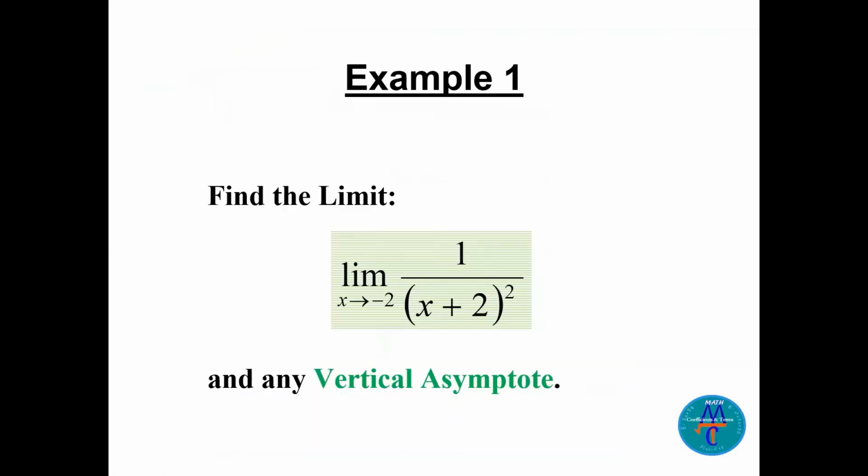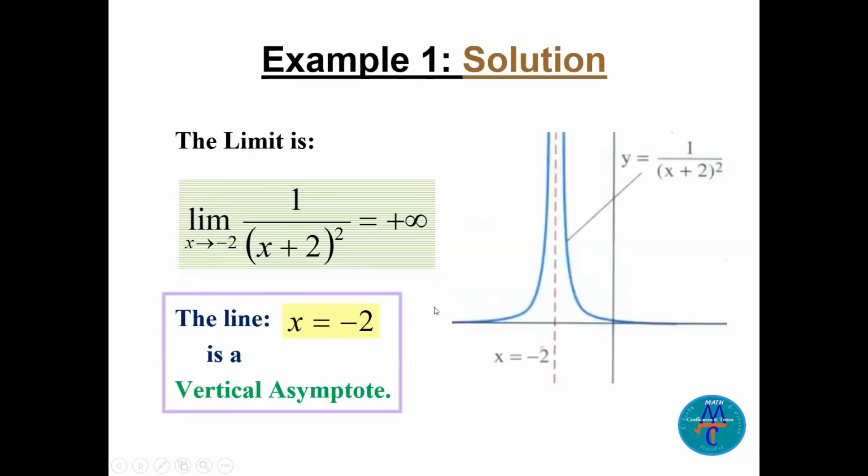Let's look at one example similar to ones we have seen. Find the limit of 1 over (x plus 2) squared as x goes to minus 2, and find any vertical asymptote. If we replace x by minus 2, x approaches minus 2, so we are approaching 0 in the denominator. We have seen the graph like this before.